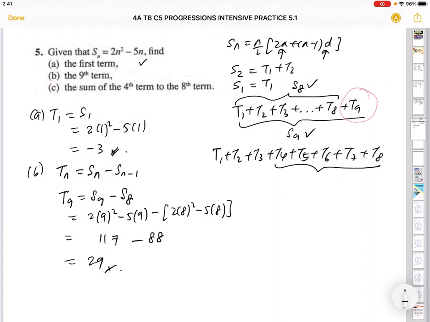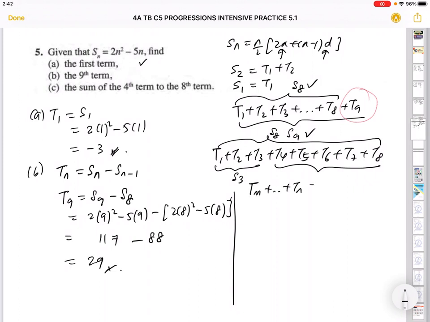So we know this sum is S8, the sum of the first 8 terms. This is the sum of the first 3 terms. If you want T4 to T8, then we need to take S8 minus S3. In fact, there is a short form formula for Tm to Tn.